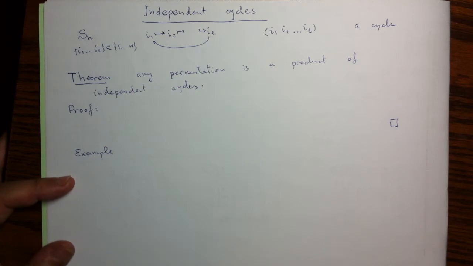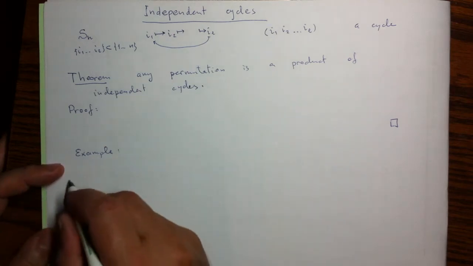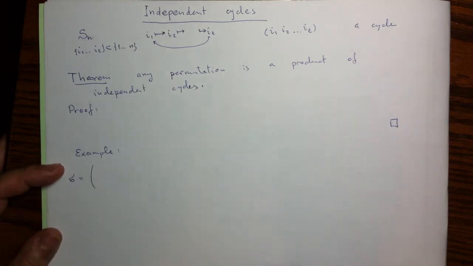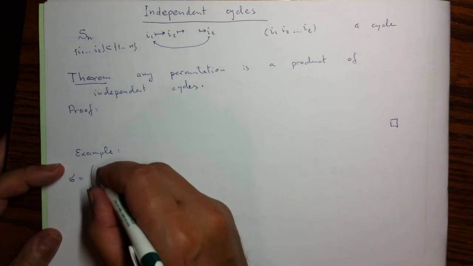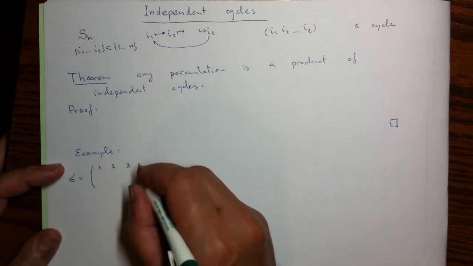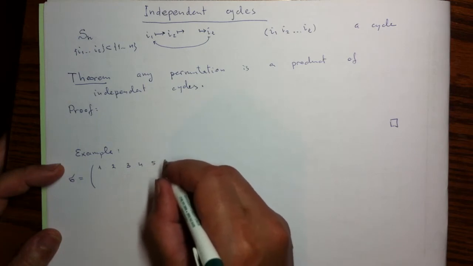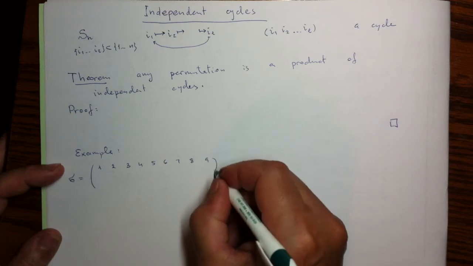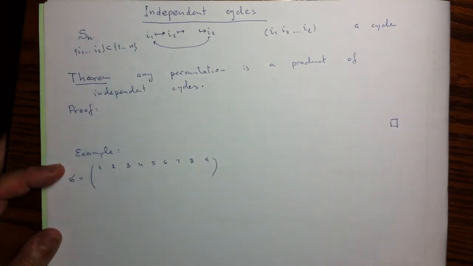I would rather examine how it works on a concrete example for a concrete permutation. So let's imagine a permutation. Let's record it as a table of values, and let's imagine that we're permuting 9 elements, not to go to double digits.